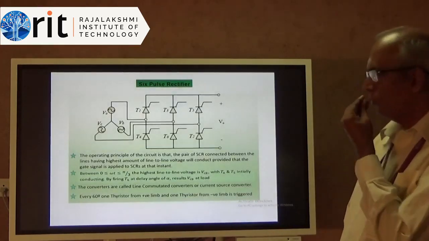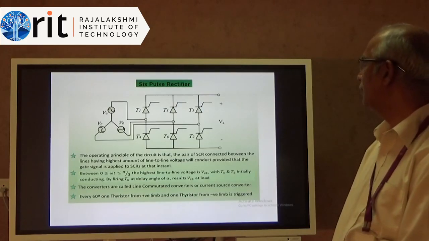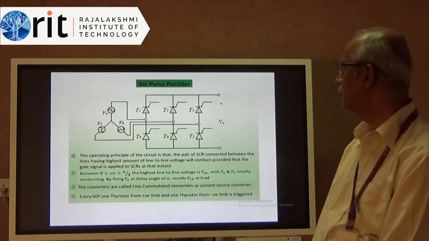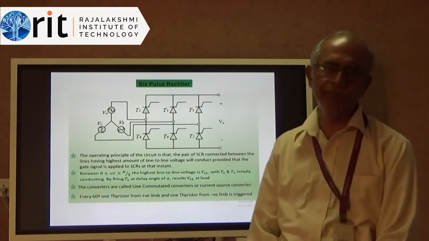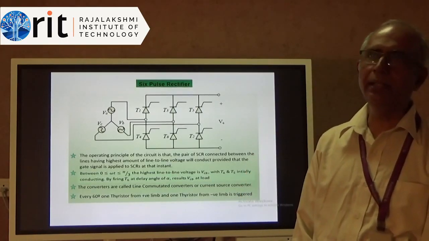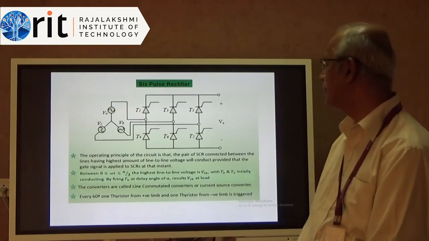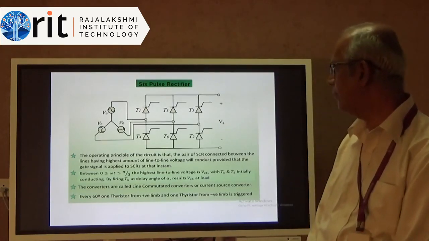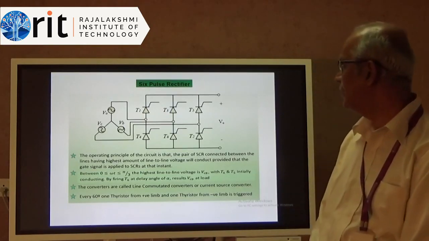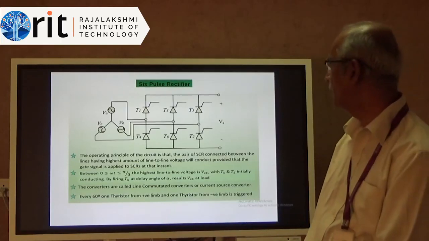Right, I was talking of the 3 pulse rectifier and 6 pulse rectifier. The typical 6 pulse rectifier bridge configuration is shown in this diagram. In the first year lab we studied an AC to DC rectifier. Probably you did a single phase rectifier there. This is a 3-phase rectifier because there are 3 supplies VA, VB, VC, and we have 6 thyristors connected in a configuration known as a bridge configuration, right?